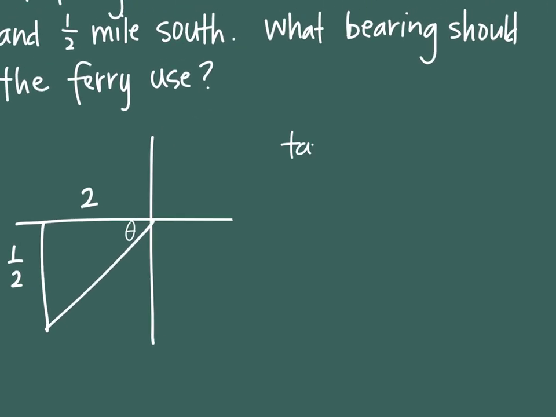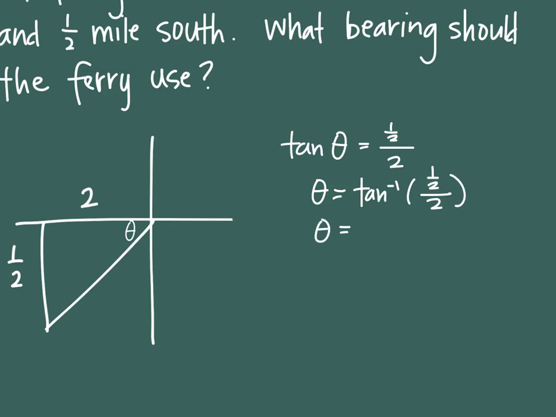So tangent of theta is the opposite, which was half, over the adjacent, which was 2. So theta itself would be the inverse tangent of half over 2. So let's figure out what that is going to be.